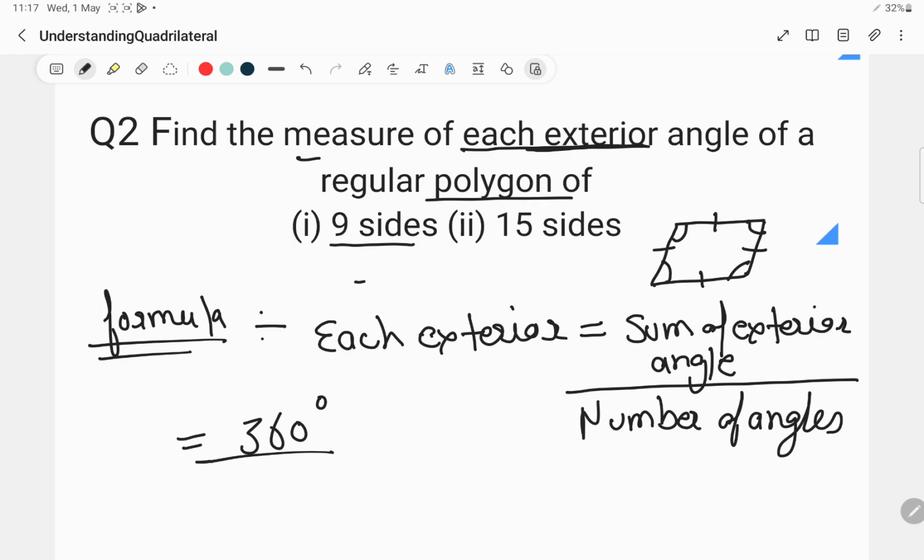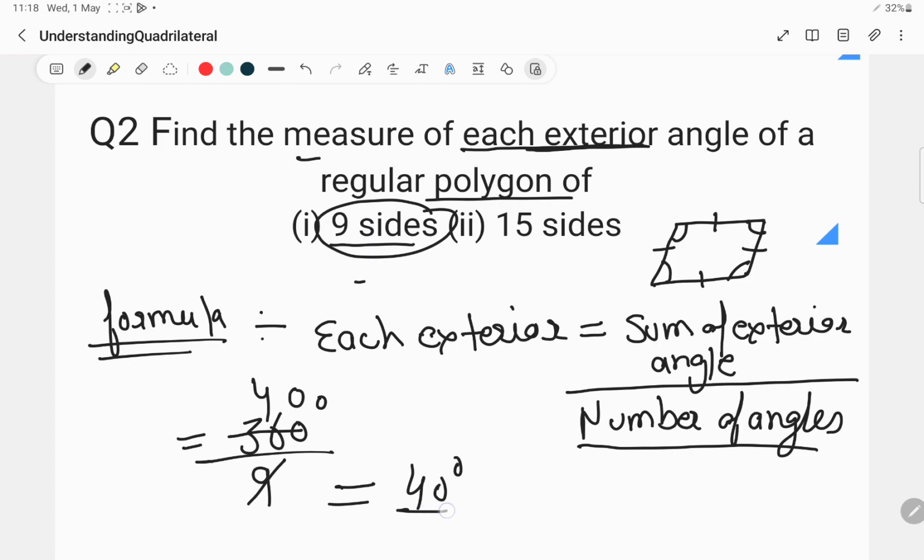So here, in place of the number of angles, we will put the number of sides, that is 9. So 9 fours are 36, and 0. The answer is 40 degrees. So the measure of each exterior angle of a regular polygon having 9 sides is 40 degrees. This is the solution of the first question.